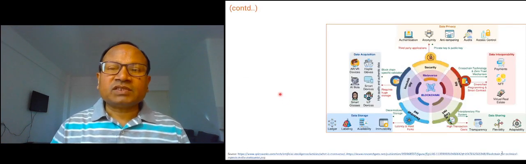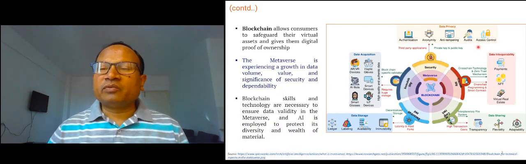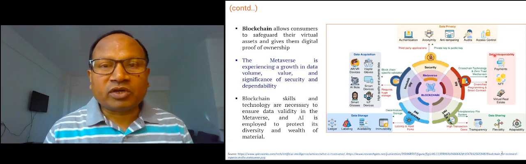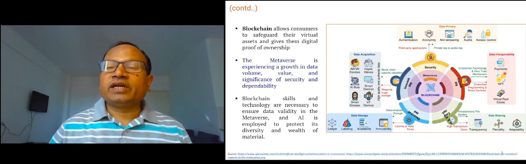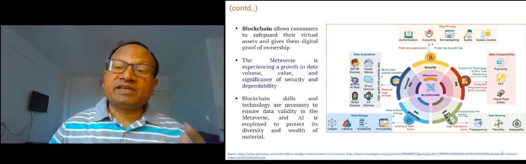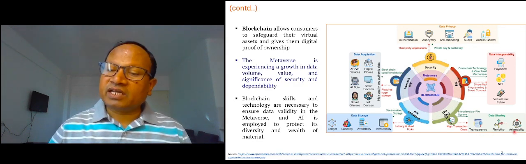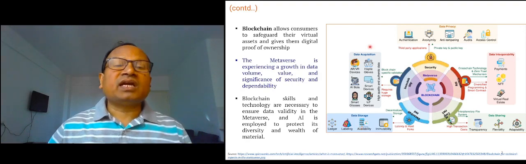So this is a complete picture where you see there is a virtual world where you have data interoperability, because when you operate the virtual world, particularly for transactions, marketing, shopping, spending money, you need to have interoperability. Data privacy is a very important factor, where authentication, anonymity, anti-tampering, audits, access control. In terms of data sharing, transparency, flexibility, and adaptability. In terms of data storage, ledger, labeling, availability, and immutability are very important things, and data acquisition.